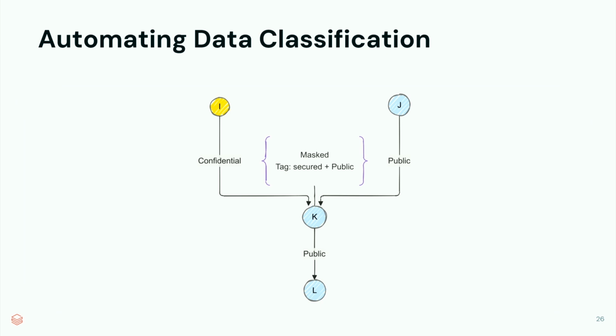So as you can see, the I node is confidential and the J node is public. And in this case, the K node was treated. And because of that, we can consider that L is not anymore reading confidential data, so the lineage is truncated here, and the L node will be public as well because it's not using the confidential anymore.